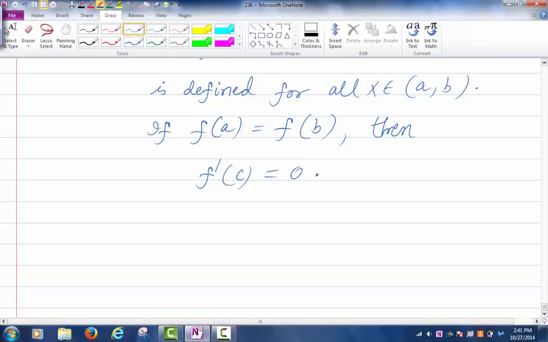Am I making sense? And the proof is the same as what we did for the bug, so I'm not going to give you a proof of this again, but that's known as Rolle's theorem.